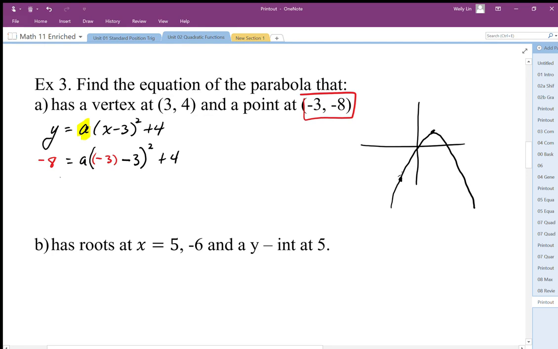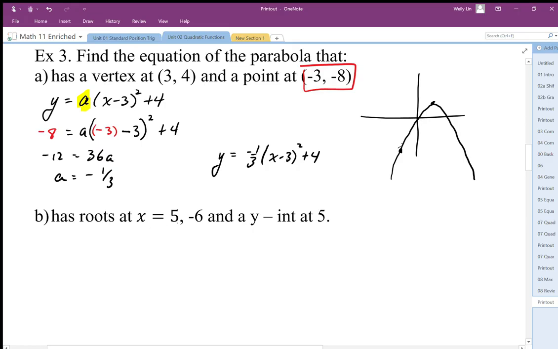Okay, so then we end up with negative 8. Now let's move that over. So negative 12 is equal to negative 6 all squared is 36a. So a works out to be negative 1/3. Okay, so it's kind of a fatter or shorter parabola upside down. So it corresponds with information given. So we end up with negative 1/3 times x minus 3 squared plus 4.